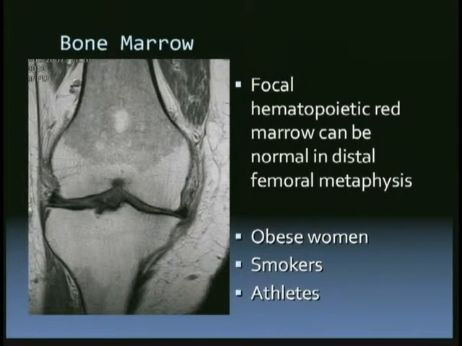This happens more commonly in women, particularly overweight women, and also in smokers and athletes, and should be considered normal, but you also need to judge the signal intensity. Here, the marrow has a slightly higher signal than the adjacent muscle, so it's normal.